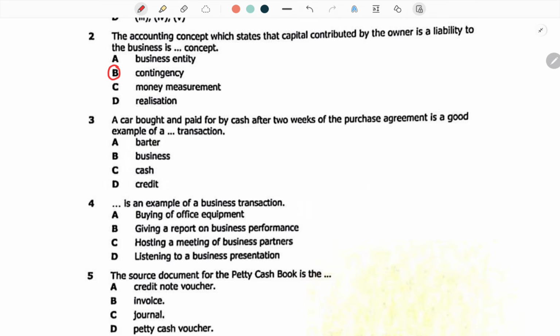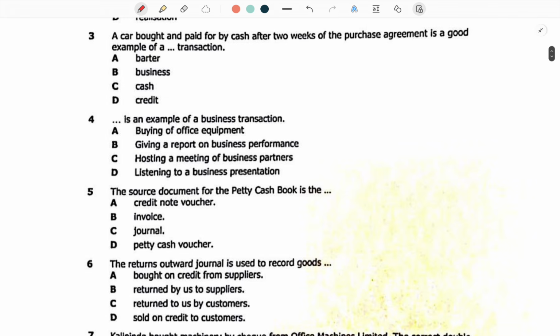Next, a car bought and paid for by cash after 2 weeks of the purchase agreement is a good example of dash transaction. Of course, this is a very good example of a credit transaction.